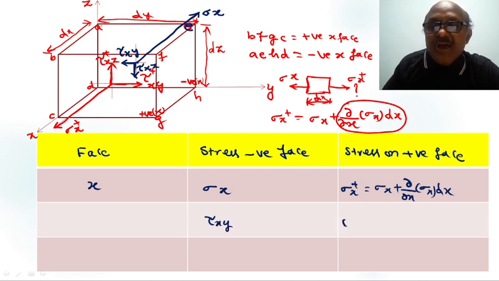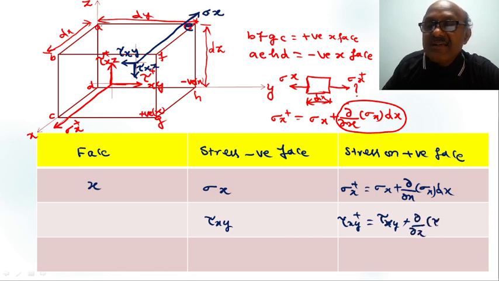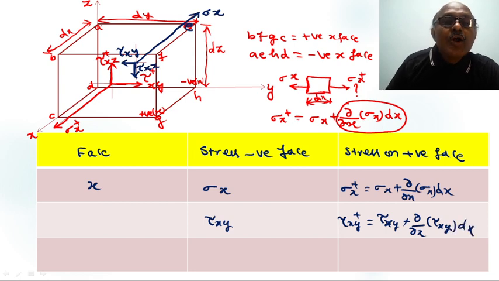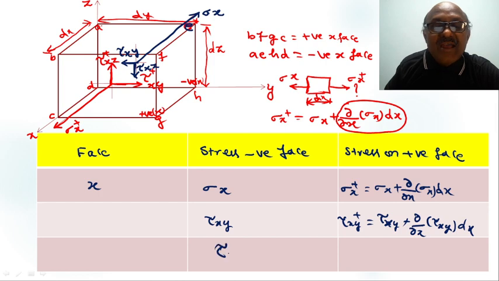So that is tau xy plus equals tau xy plus, this is x, dou by dou x of tau xy into dx. Again similarly tau xz, that is a shear stress on the negative face, tau xz.